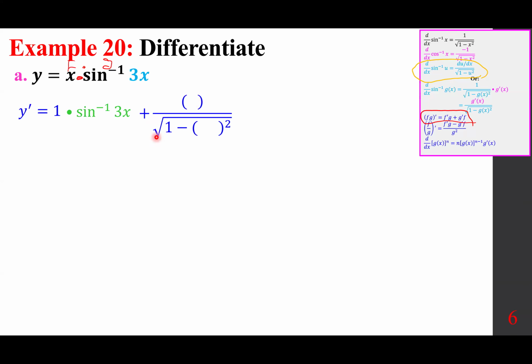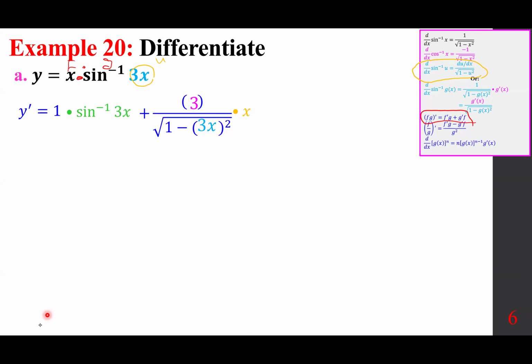Okay, the top is something, square root of 1 minus something squared. Okay, and so what you're looking at here, this is du dx. So this is the u we are talking about. So you need 3 here, 1 minus, you need 3x quantity squared, and times, so this one is g prime, and now f, which is x.